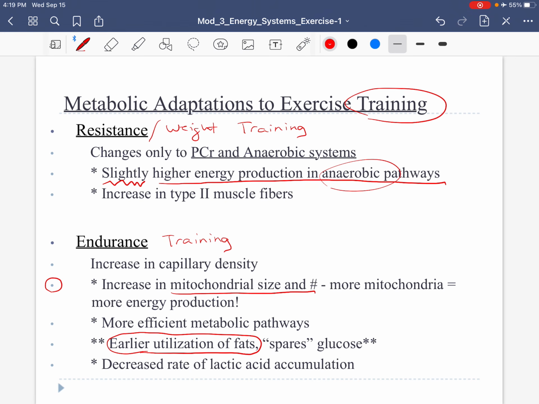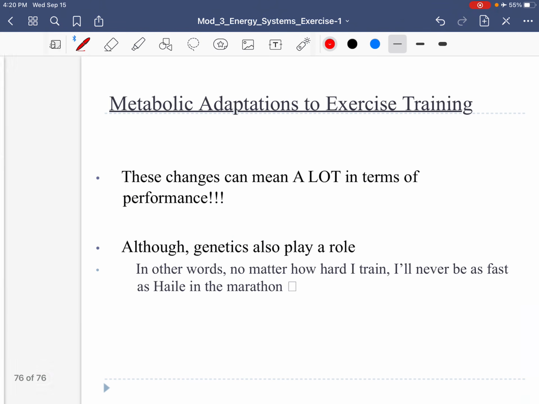And we like to burn fats. Gives us twice the yield of energy. And we decrease the rate of byproduct accumulation. So not only does muscle training make our muscles stronger, not only does muscle training help our heart to pump out more blood, but exercise training also leads to positive adaptations in our chemical processes.